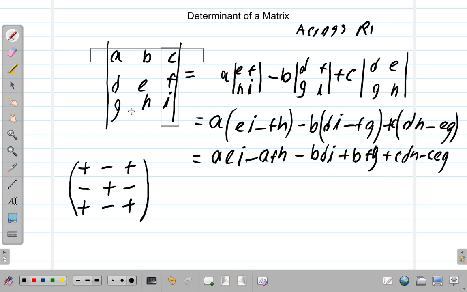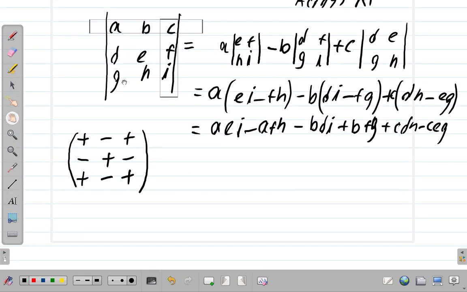Now, I was saying before that you could very well have scrolled down instead of across. If you keep this cover over column 1, you could scroll the cover across down to row 2, then row 3.